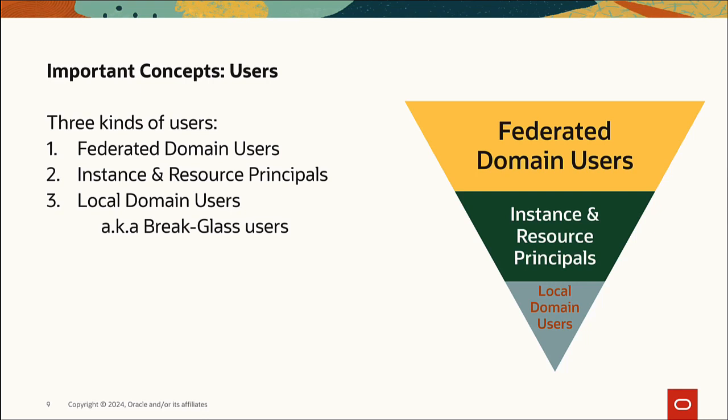So you'll notice when you log into the console, some users will have a checkbox flagged against the username, indicating that this is a federated domain user. So we know this user is authenticating outside of OCI-IAM. They do have an identity in an upstream external IDP, and there's a provisioning mechanism that synchronizes these user identities into OCI-IAM.